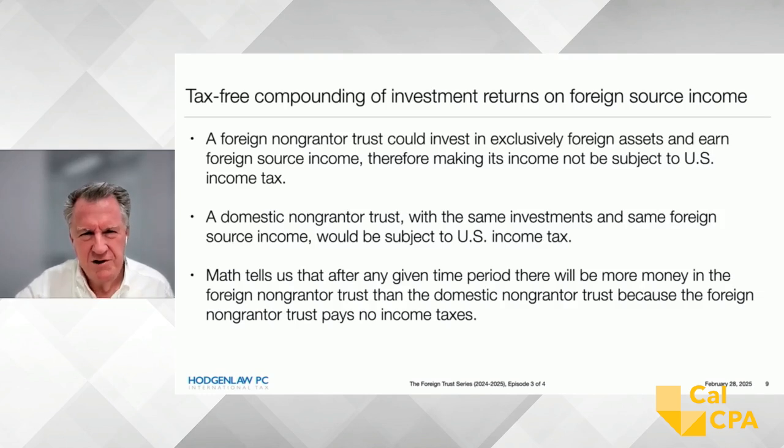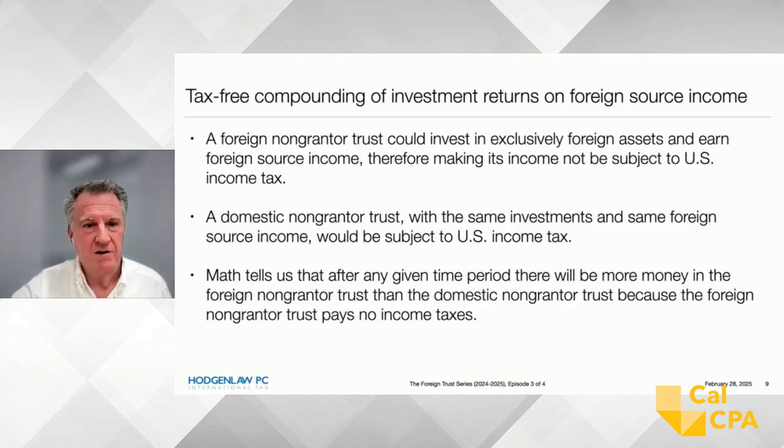Now, implications of this. Assume that you've got a foreign non-grantor trust and it carefully invests in foreign assets, therefore generating foreign source income. So think of it first like a human being. You've got someone who is a resident of Dubai, investing in various assets outside the United States, earning income.